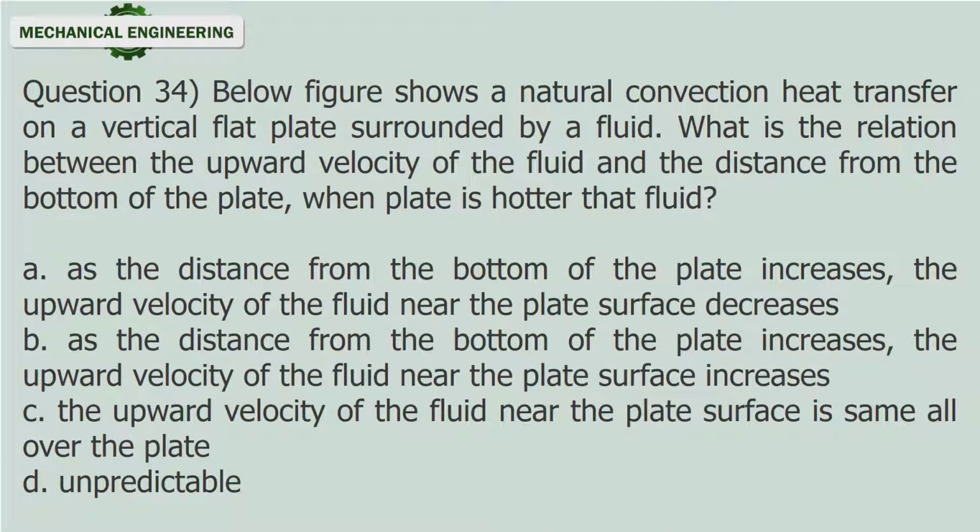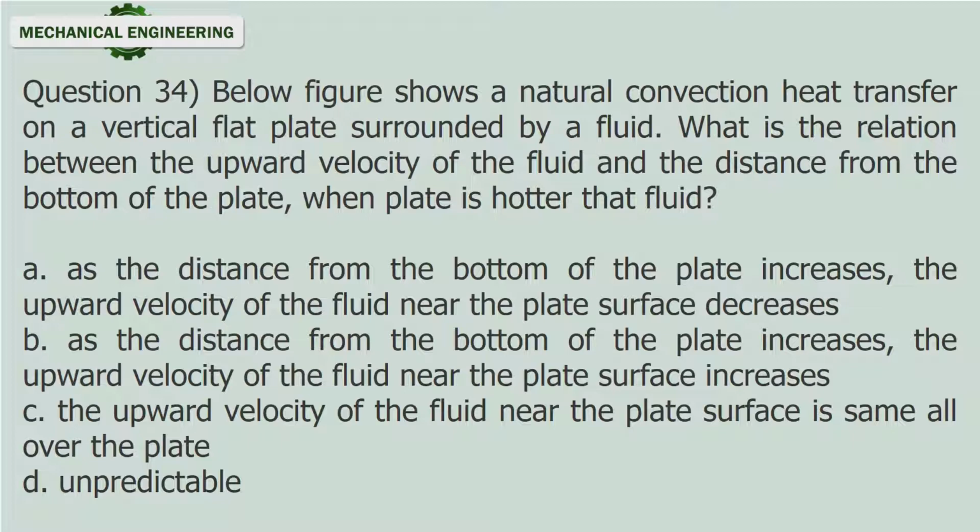Question 34. Below figure shows a natural convection heat transfer on a vertical flat plate surrounded by a fluid. What is the relation between the upward velocity of the fluid and the distance from the bottom of the plate, when plate is hotter than fluid? A. As the distance from the bottom of the plate increases, the upward velocity of the fluid near the plate surface decreases.